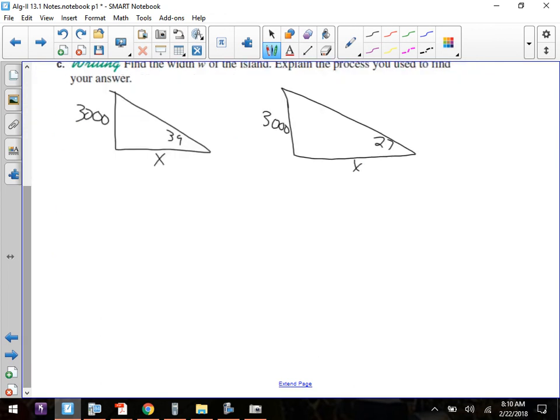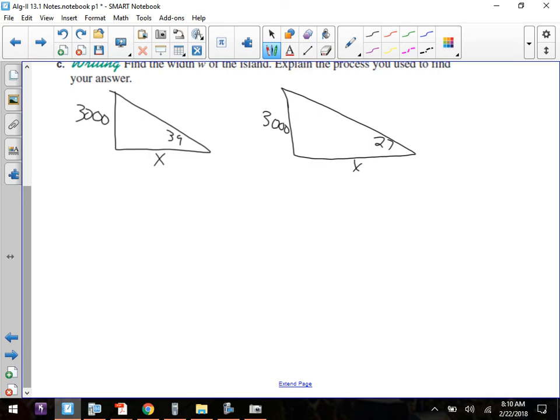So when we trig it, in this case we have tangent for both of them, if I'm not mistaken. Make sure I am in degree mode. The pattern is follow, tangent 39 is 3,000 over x, so it'll be 3,000 divided by tangent of 39.